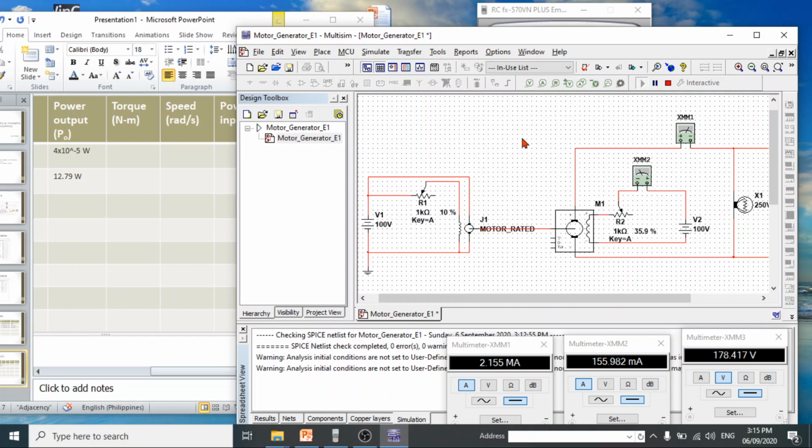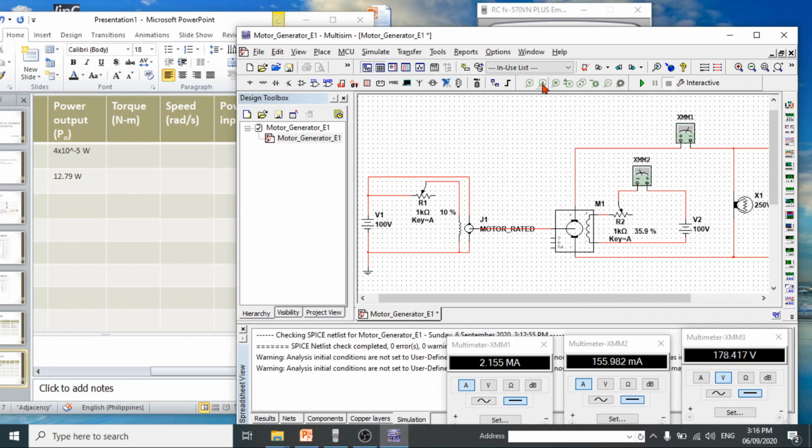So to measure the torque, you click this ammeter. Press escape first and then stop the simulation, then click this one.